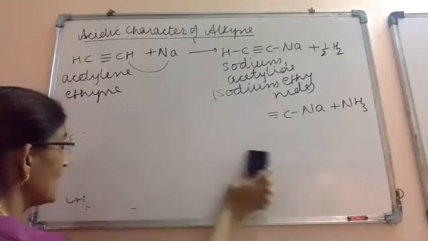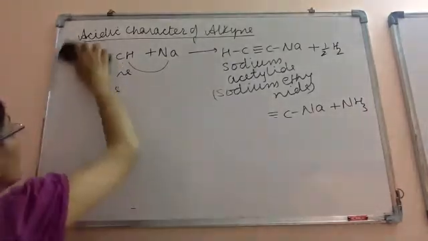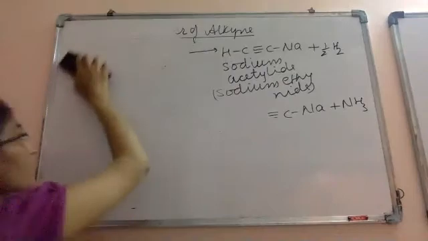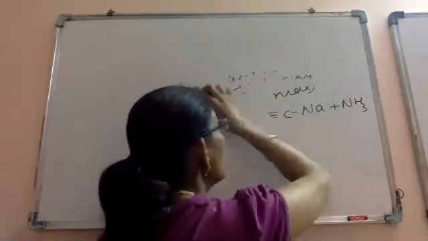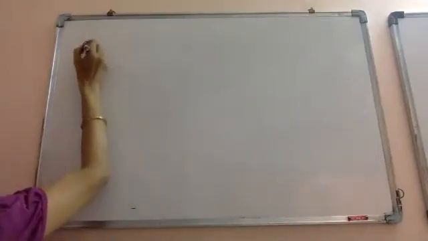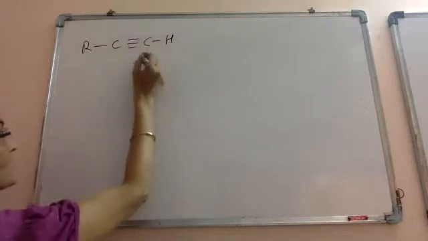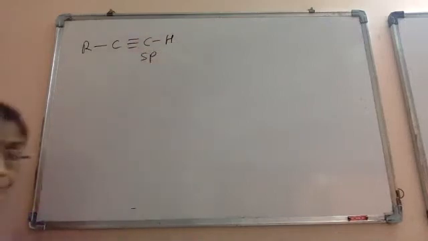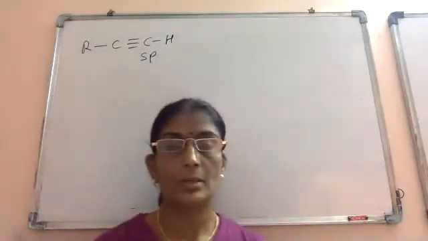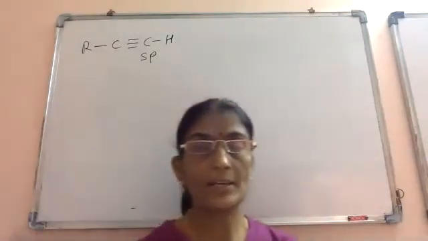So alkynes are acidic because of the difference in the electronegativity or hybridization of the triple bonded carbon. We know that in alkyne compounds, carbon is sp hybridized. In alkane, it is sp3.